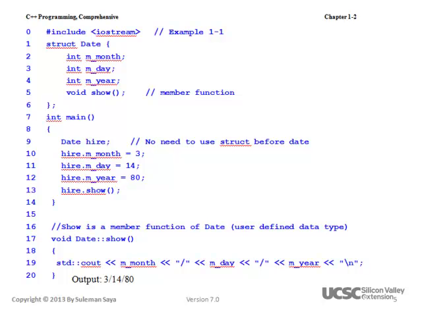So the output will look like 3/14/80. Whatever data I initialized will be printed because I made the call at line number 13. A show function was called within the body of main.